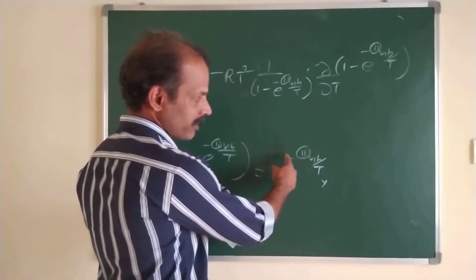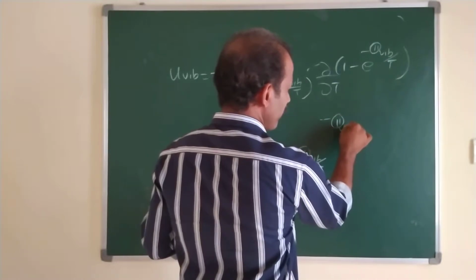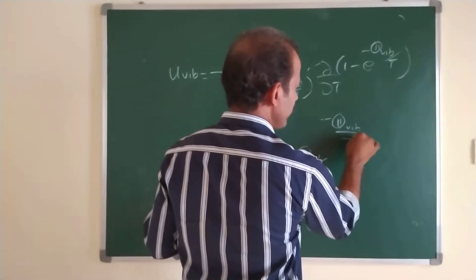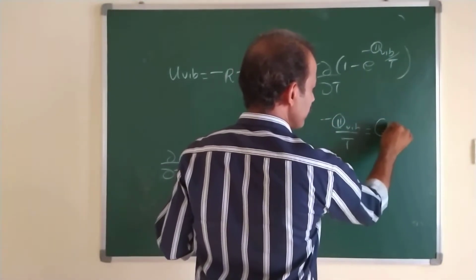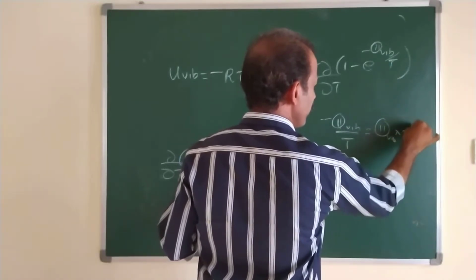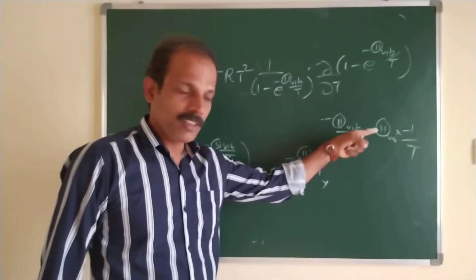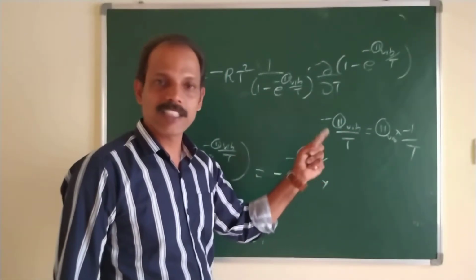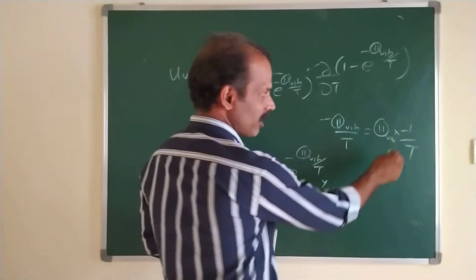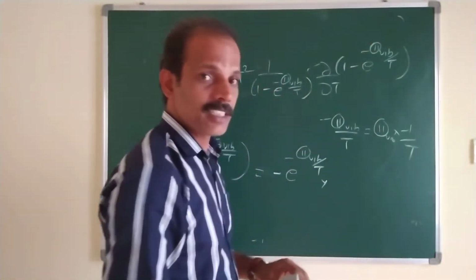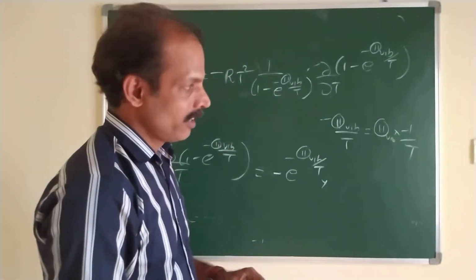the differential of theta vibrational by T with a minus sign, which can be written as theta vibrational into minus 1 by T. We know the differential of 1 by T is minus 1 by T square.